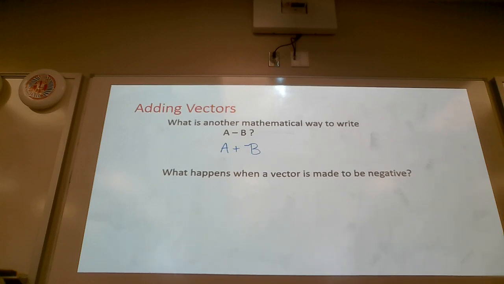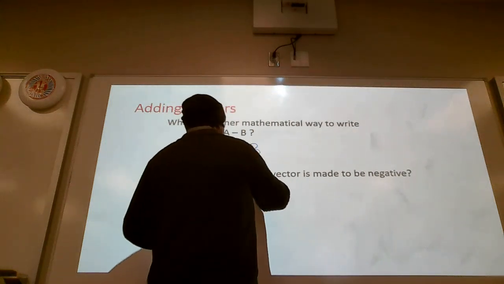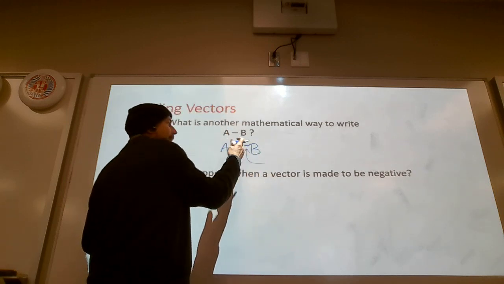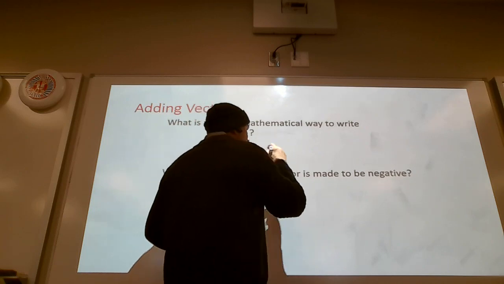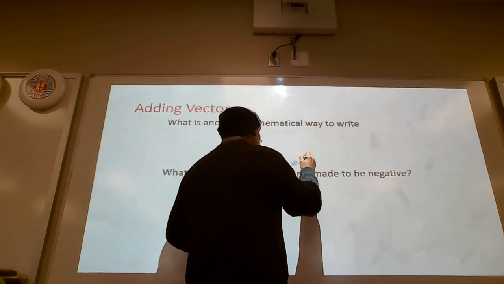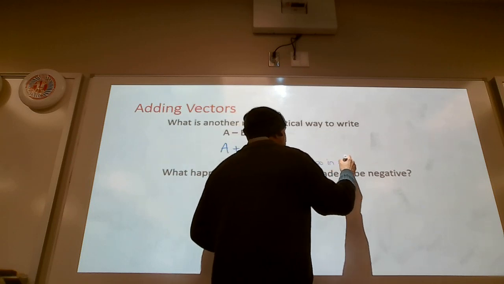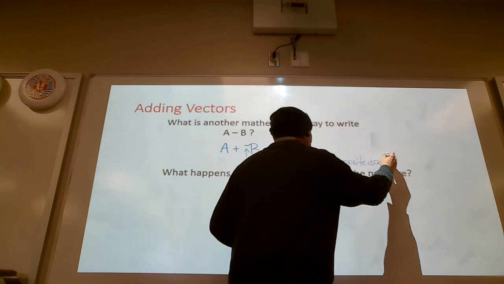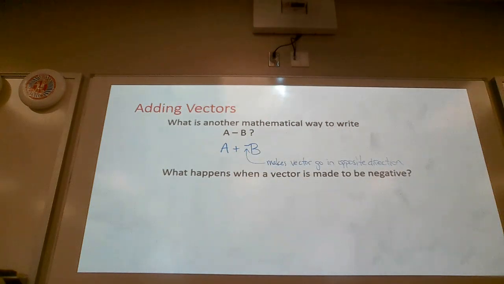Goes in the opposite direction. Okay. So what this means is when we subtract, we're going to make B negative. So it makes the vector go in the opposite direction.